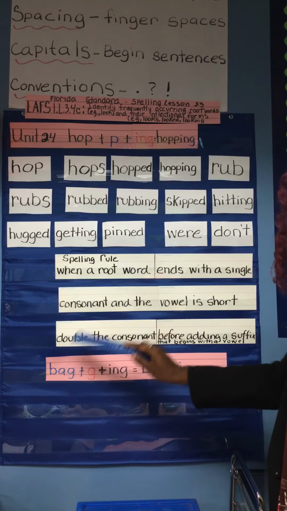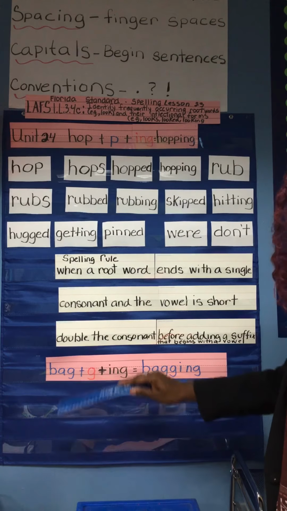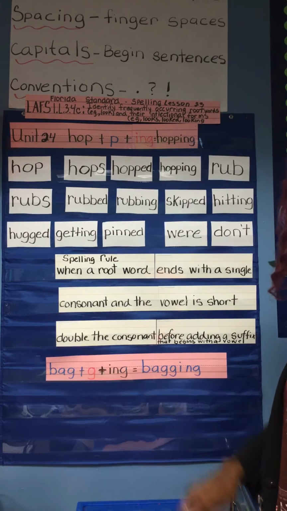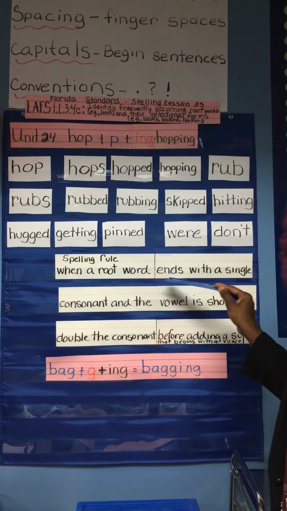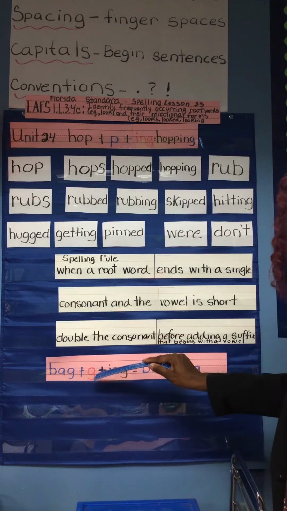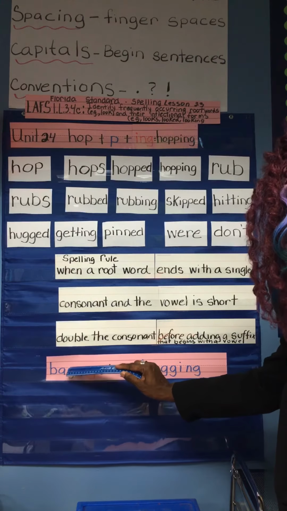Okay, so this word applies to this spelling rule. So when you see these words ending in a single consonant with a short vowel sound, remember it usually, and I say usually, applies to this rule. There are some irregular words that may not fit, but 90% of the time, you double the final consonant. So this is the final consonant.